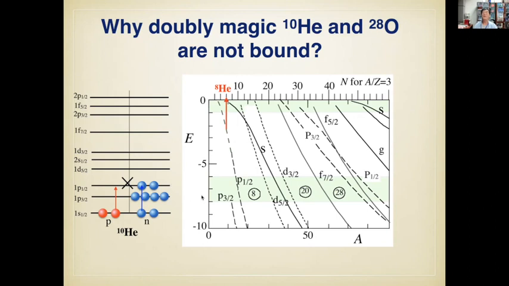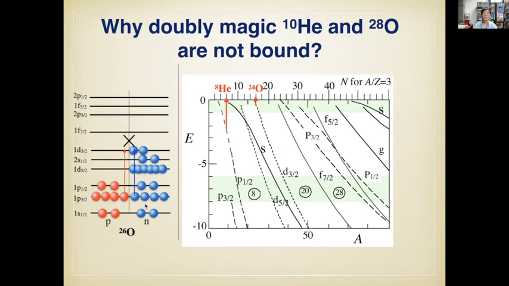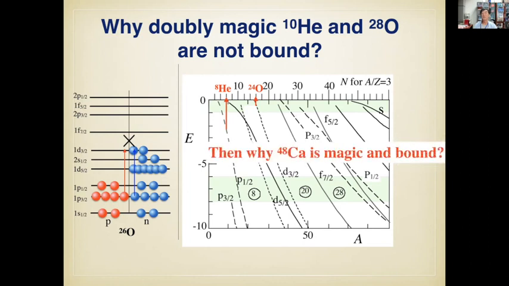Now, oxygen-28 is exactly the same. You block this one and this one, and D3/2 in the usual potential model is bound, still bound, but just because of the loss of binding energy by the tensor force, it becomes unbound. Okay. Now, why is calcium-48 magic and bound? It's the same thing, right?